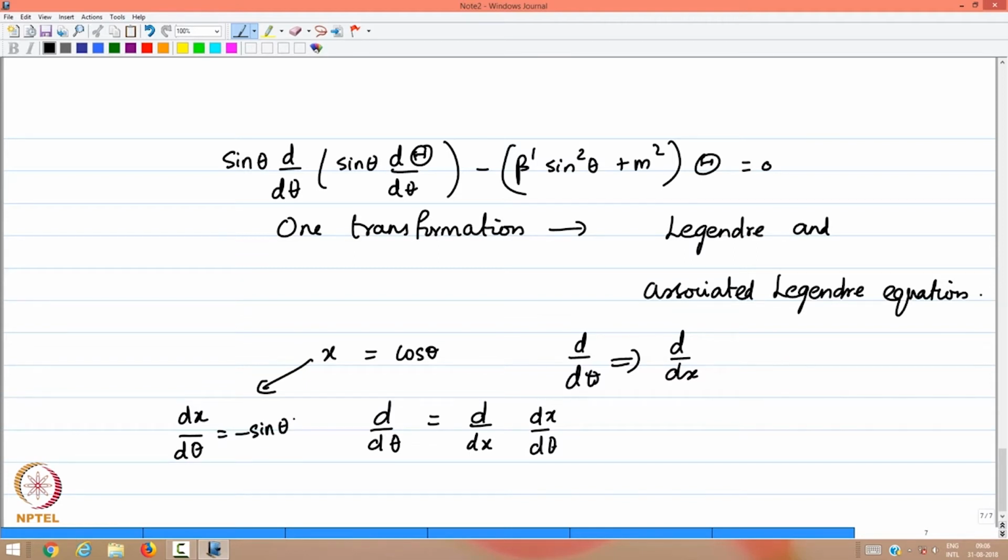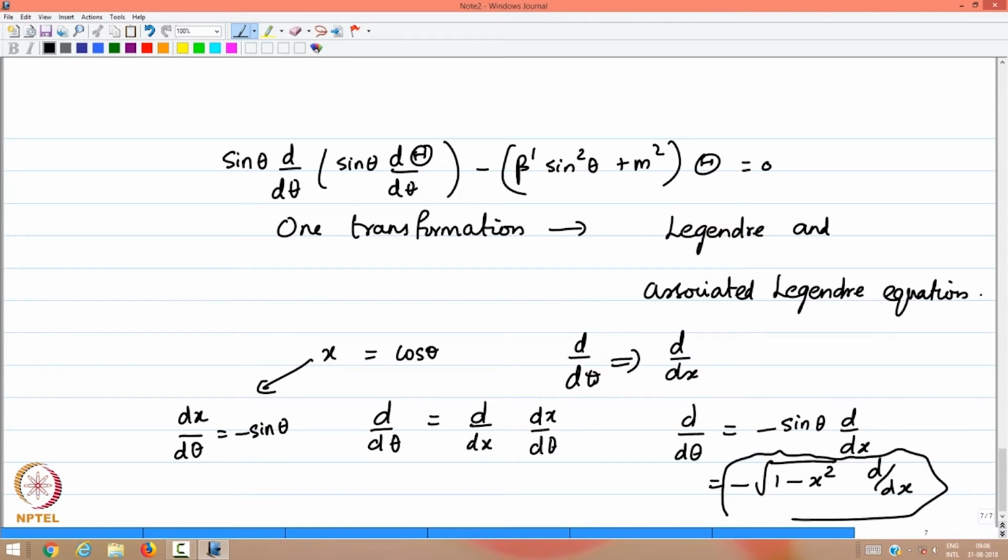Therefore, d by d theta is now replaced by minus sin theta d by dx, and of course, sin theta itself is in terms of x, it is minus square root of 1 minus x square d by dx. So, this substitution for d by d theta is what we wanted to make throughout and change this equation into x variable.